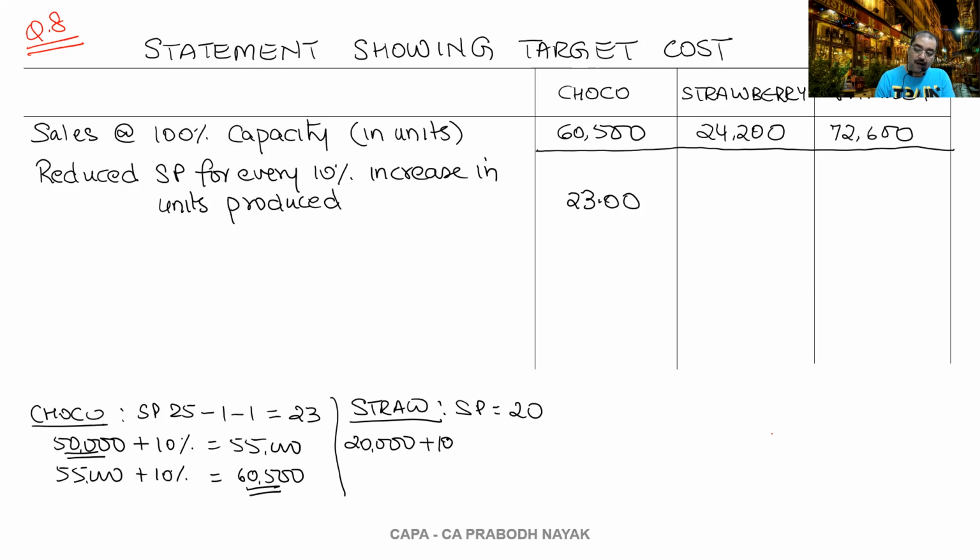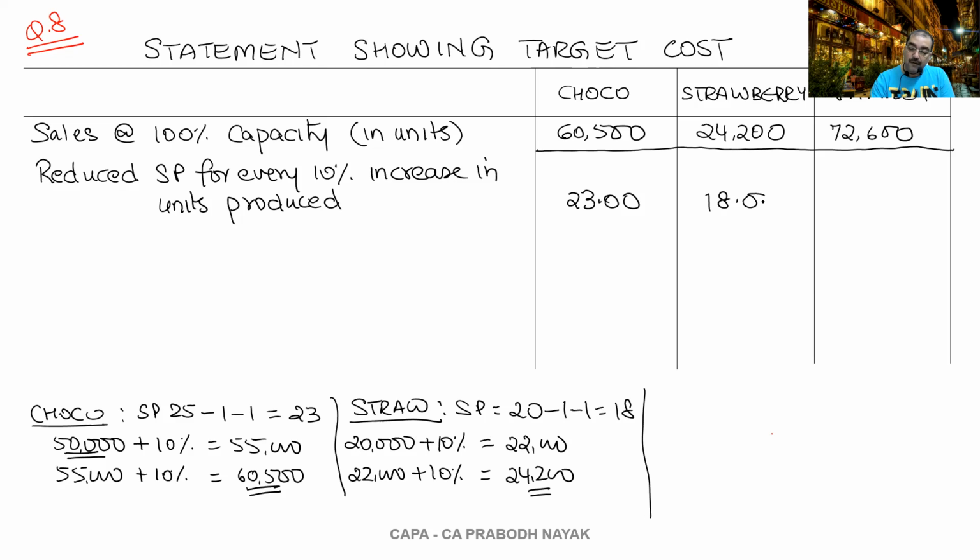So I add 10% first, it will come to 22,000. Reduce selling price by 1. Then 22,000, again I increase by 10%, so 24,200. I've got my target 24,200. Again, reduce the selling price by 1. So it is going to be 20 minus 2, 18 rupees.